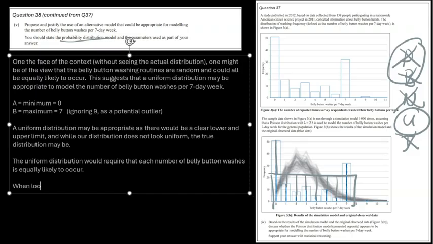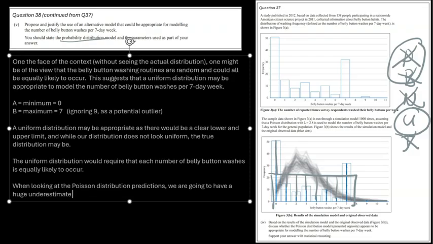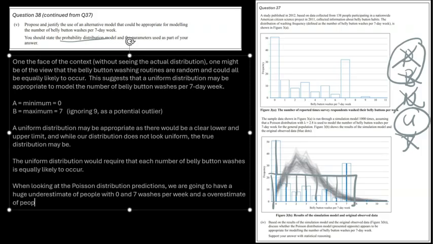So when looking at the percent distribution predictions, we are going to have a huge underestimate of people with 0 and 7 washes per week, and an overestimate of people with 1 to 4 washes per week.